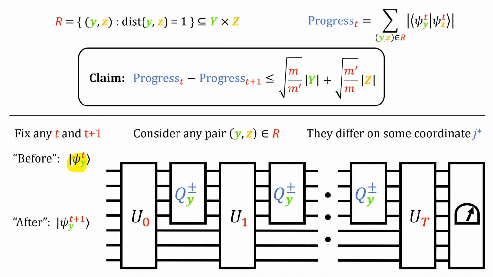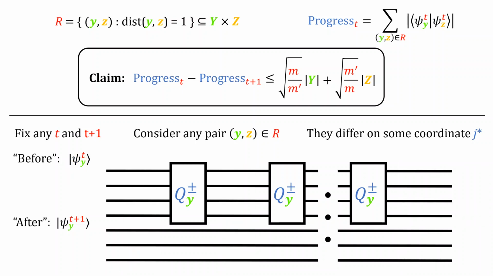And again, as I said, we can totally forget about the unitaries. They're irrelevant to us. And let's say this is the t plus first query, this call to Q. And again, we're assuming the input is y here. This is the state of the algorithm just before the query. This is the state of the algorithm just after the query. And now we want to understand how things change when we make that query.